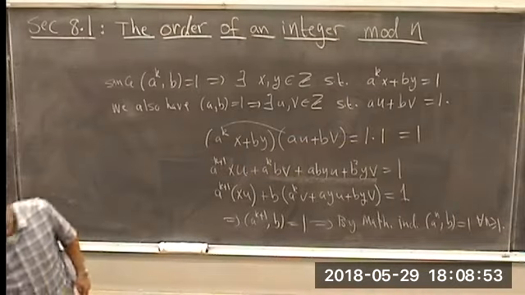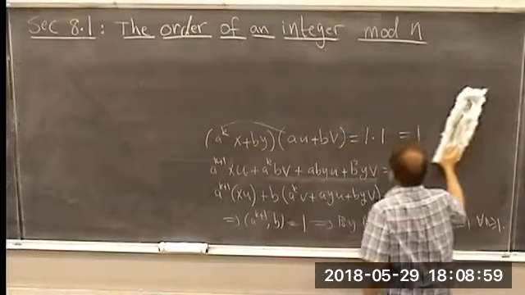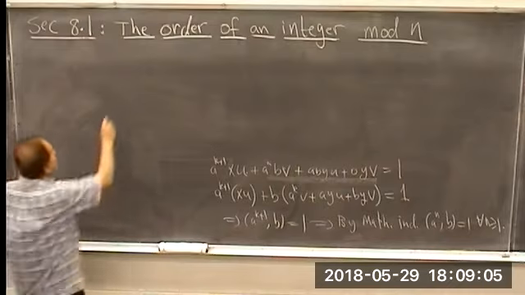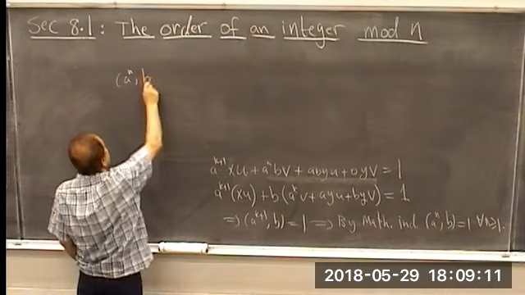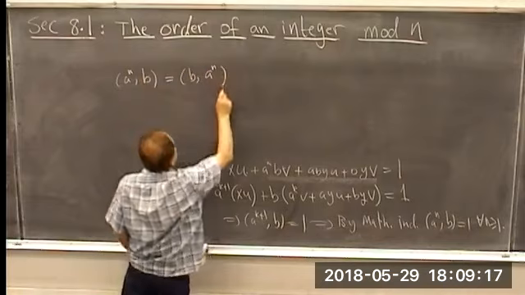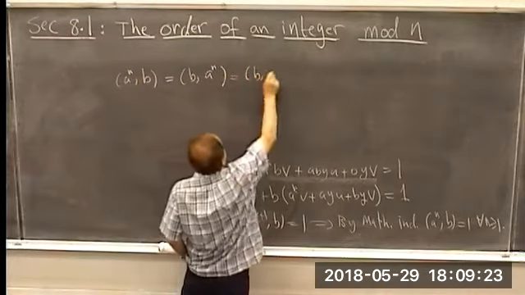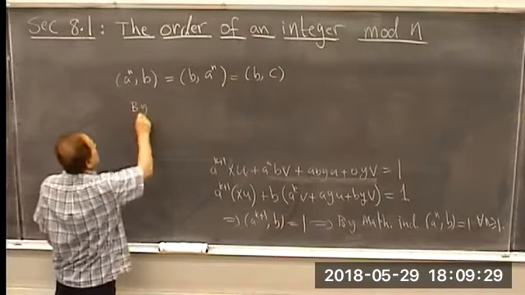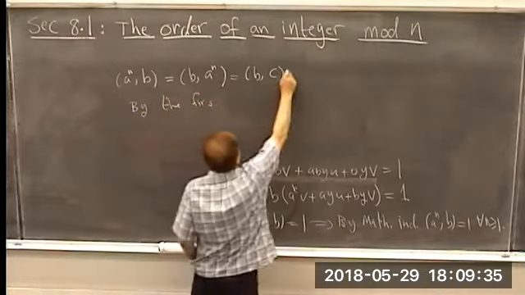Now, by symmetry, or even you can do a very cheap trick, is this. We have A to the n and B. This is the same as B and A to the n. All right? So if you call this C, then by the first argument, and this is equal to 1, right?